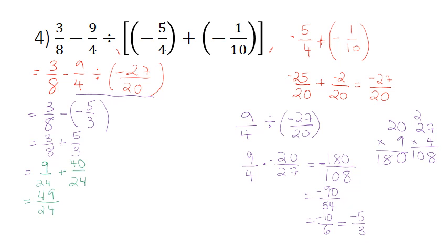I'm going to rewrite this improper fraction as a mixed number. To do that, I divide 49 by 24. And 24 can go into 49 twice. 2 times 24 is 48. 49 minus 48 is 1. So I get that this is equal to 2 and 1 24ths.